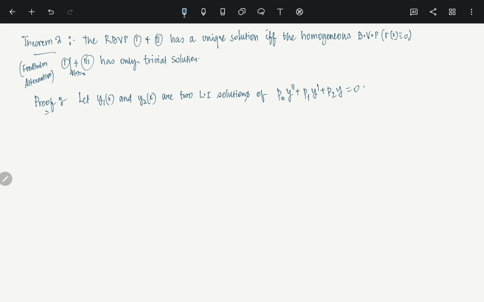Because we are dealing with so many equations, it's getting confusing, so let's take this equation. Clear? And let z of x be a particular solution of the inhomogeneous problem 1. Is this okay?